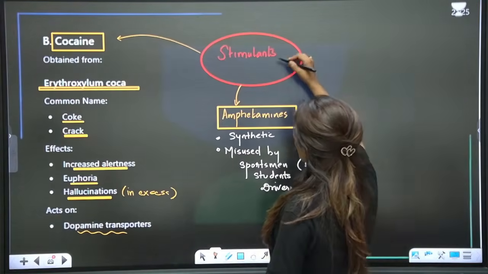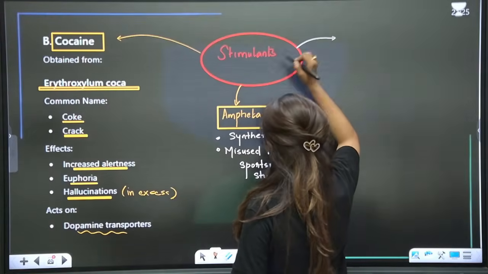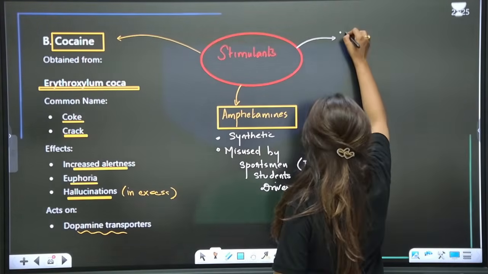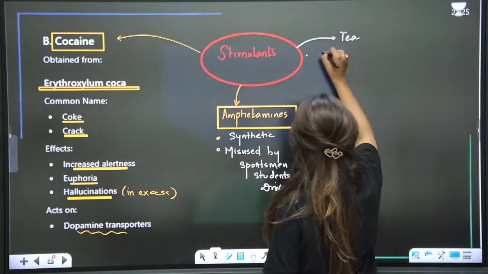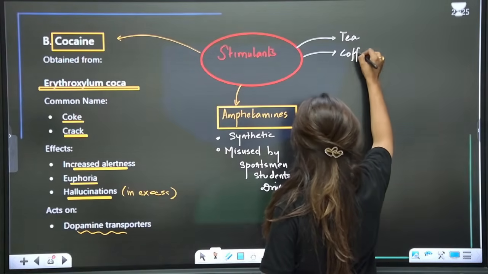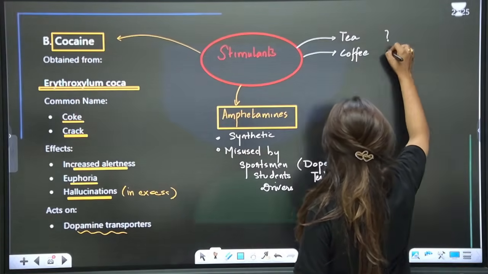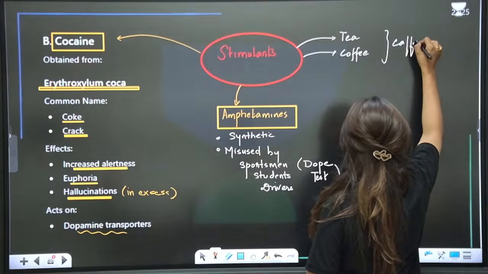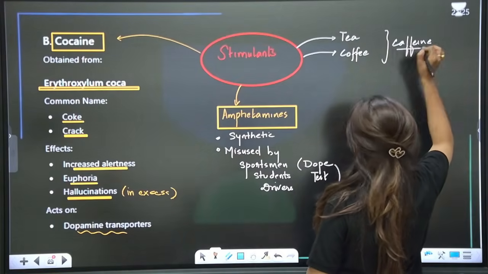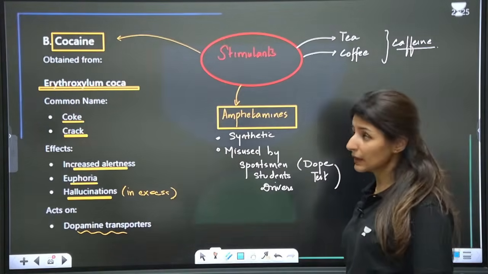And then other than these, we have tea, coffee, caffeine, right? These both have caffeine, so caffeine is a stimulant. Is that clear?